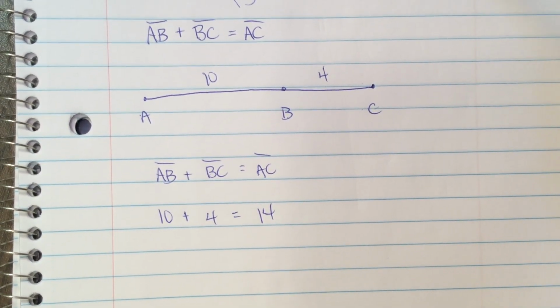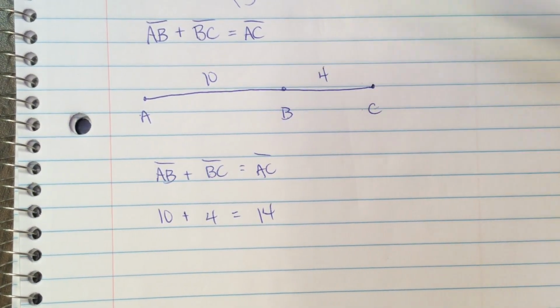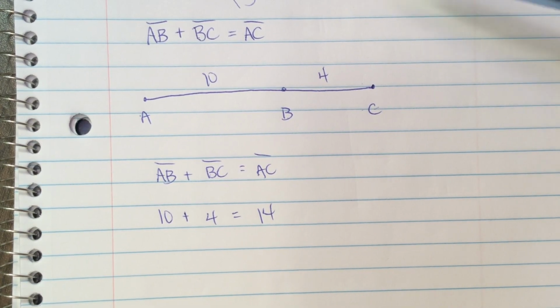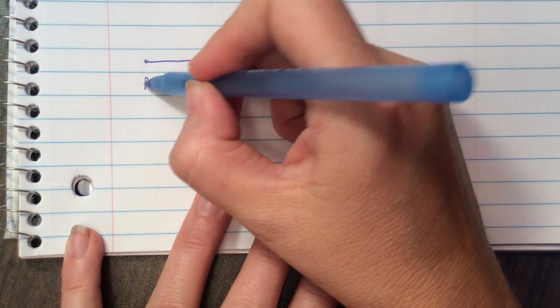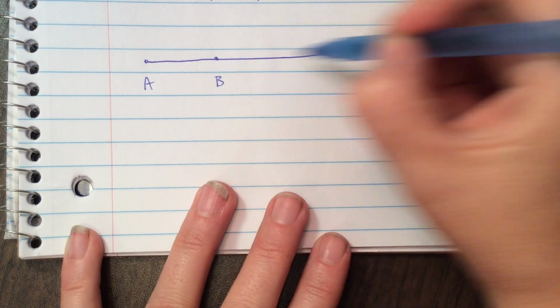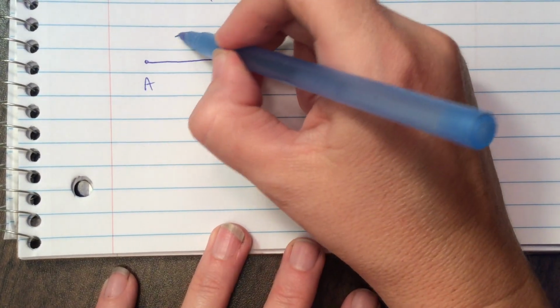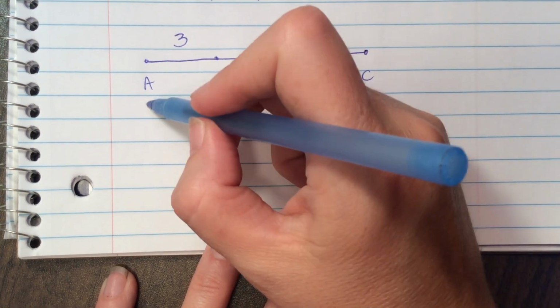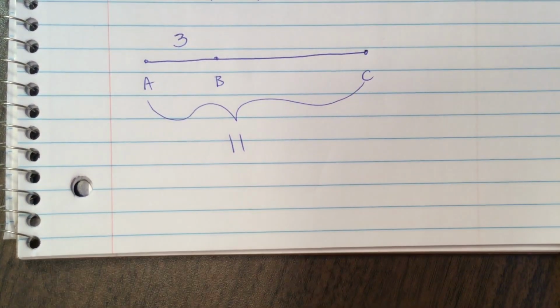Now, sometimes they're going to give you the whole amount, and then you're going to have to subtract to find the missing piece. So let's try one like that. Let's say this is 3 and the whole thing is 11.